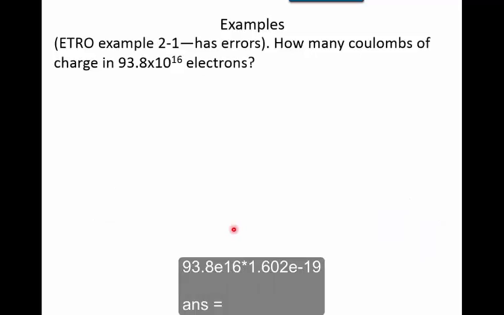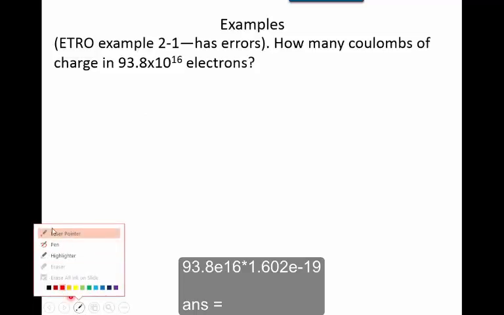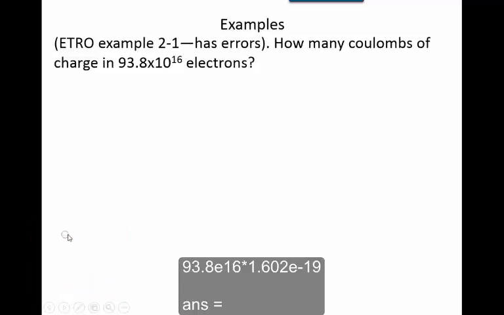So let's do an example, and I will note that your textbook at this point has an error in it. ITRO students, your textbook has an error in it. How many coulombs of charge are there in this giant number of electrons? When you do your homework problems, you need to first write down what you know.